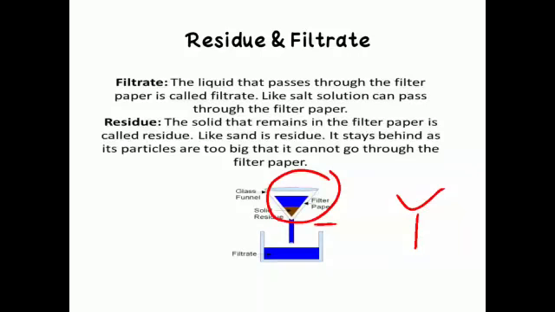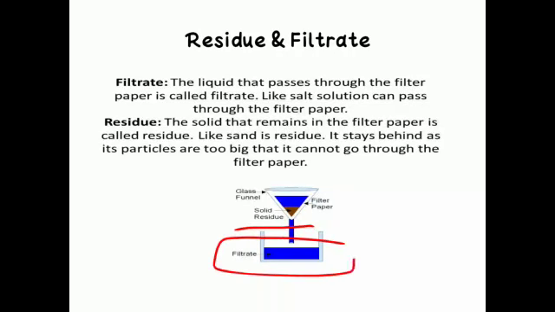The large particles of solid are too large to go through the tiny holes and are left in the filter paper as a residue. So these are solid residue. The brown color shows the solid residue over the filter paper, and the smaller particles of liquid pass through and are collected as a filtrate in the jar. In this way, the insoluble solid and the liquid are separated.